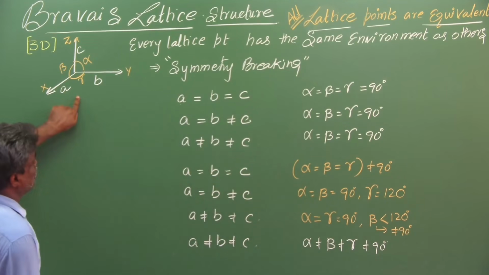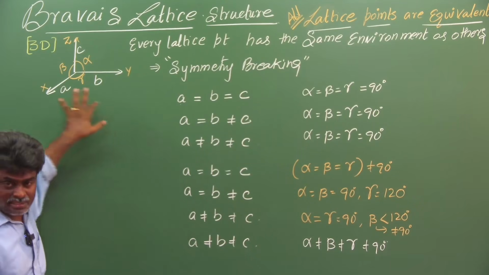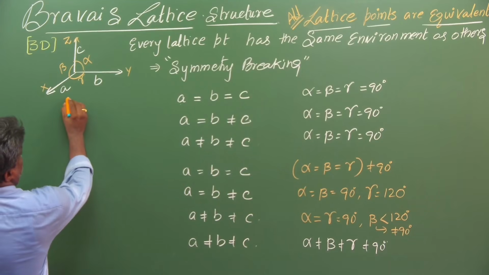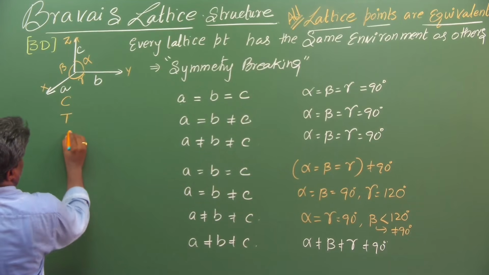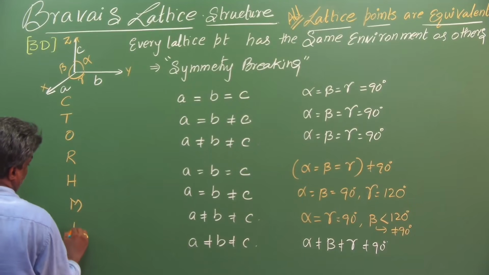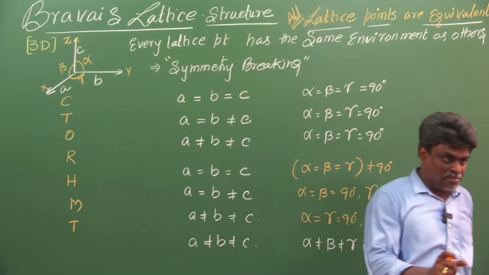After that, I will tell you a small technique. This is my technique to remember. Sir gave this and I added something to this. Just remember this: C, T, O, R, HMT. I don't know how many of you know this. Do you know HMT watches were there earlier? Hindustan Machine Tools.